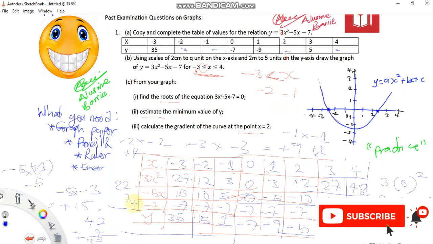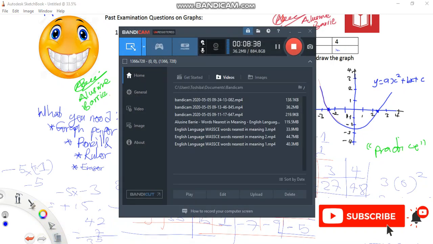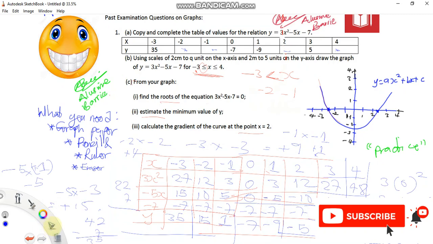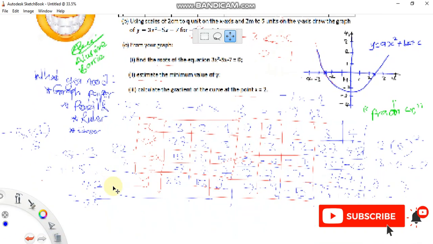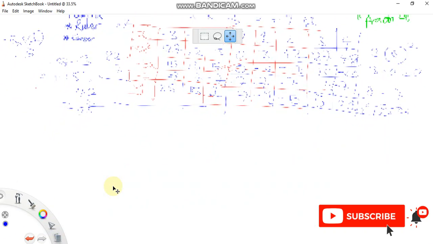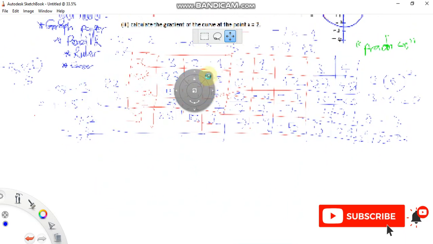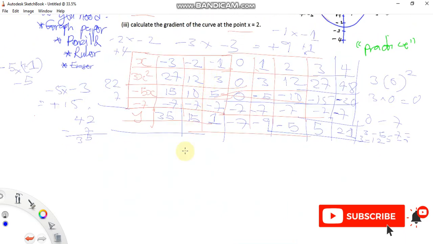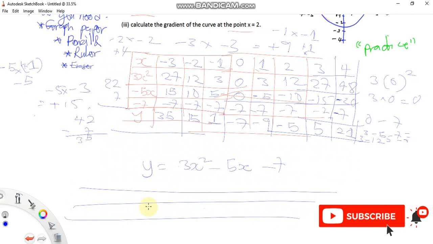Okay, I told you earlier that you can do this much faster, right? Or differently. Let me not say much faster. Okay, let's just have our relation here as y equals 3x squared minus 5x minus 7, and have our two rows for our values.